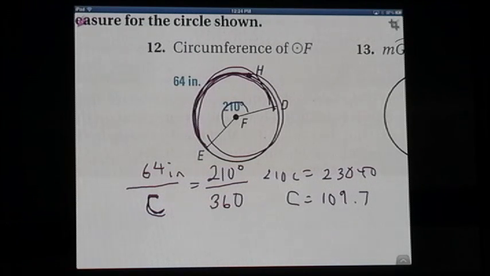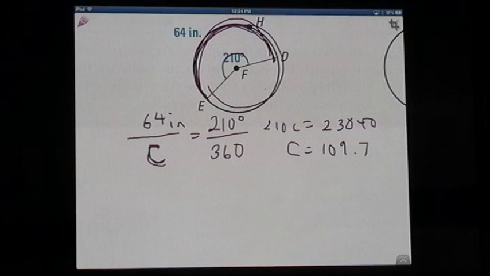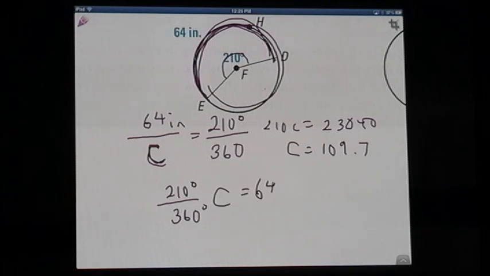Okay, the other way to work this problem is to say, I know that 210 degrees out of the whole 360 degrees of the circumference gave them 64 inches.